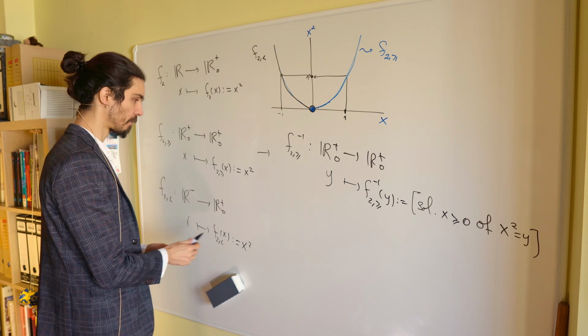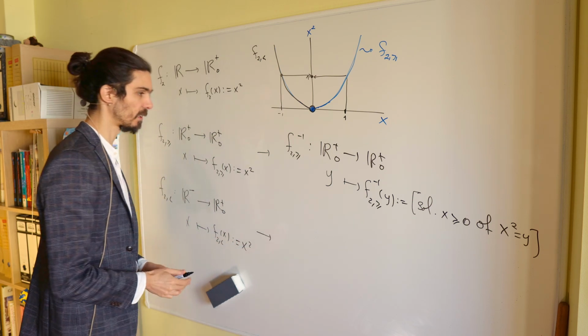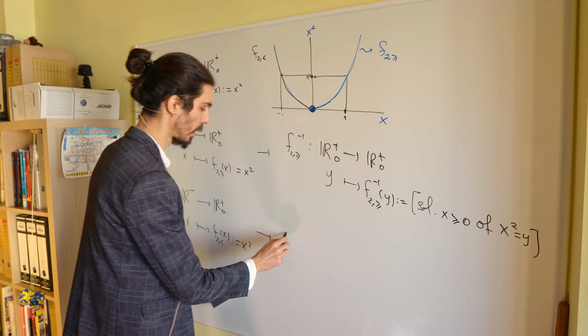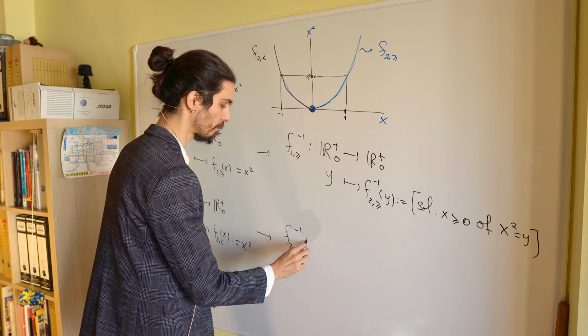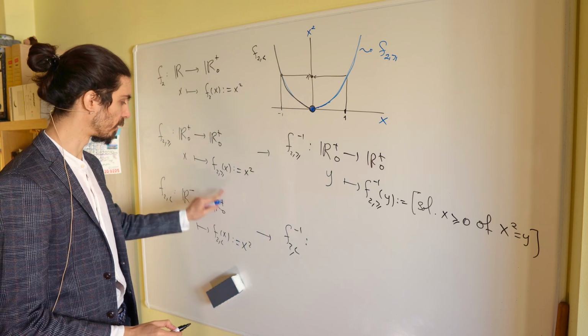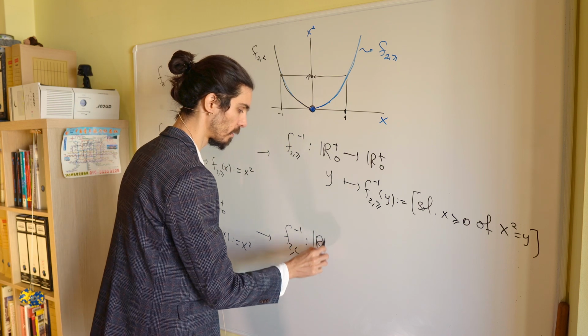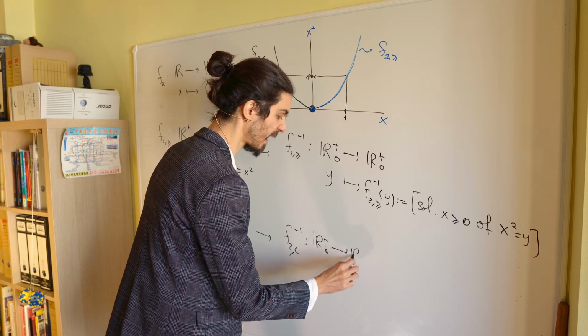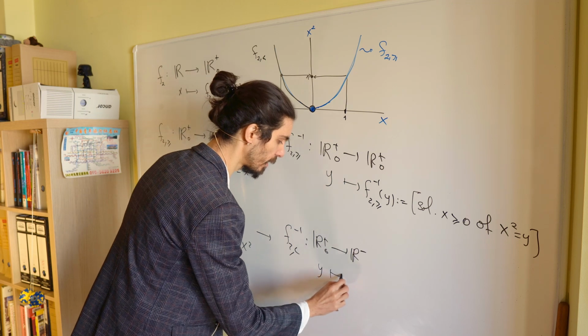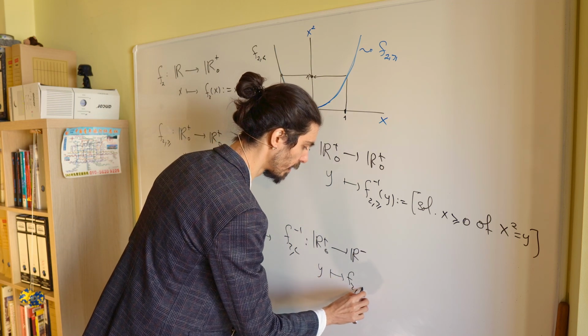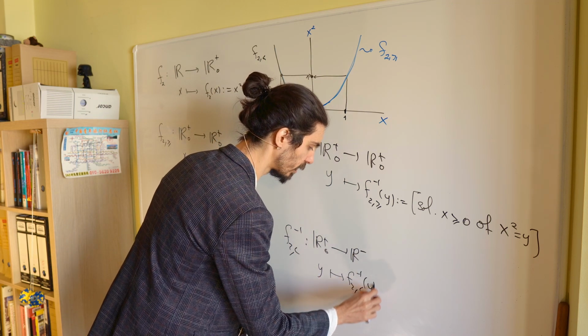Now, let's define the second one. You have f_2 less or equal minus 1. It's going to assign now these numbers into the negative ones. Okay? And again, every y is going to be assigned to f_2 less or equal minus 1 evaluated at y.